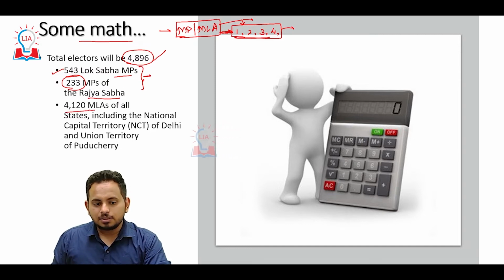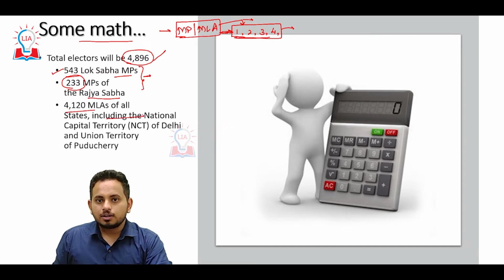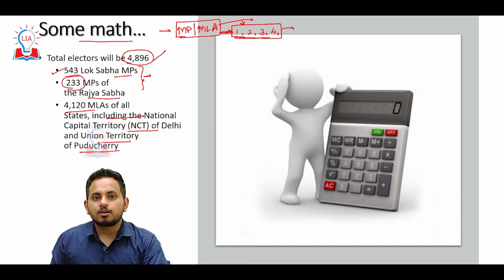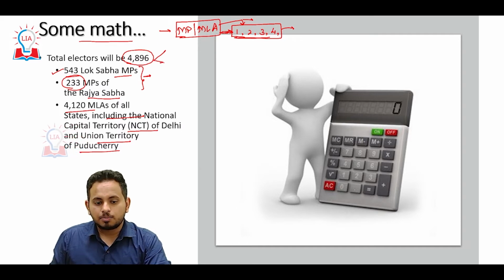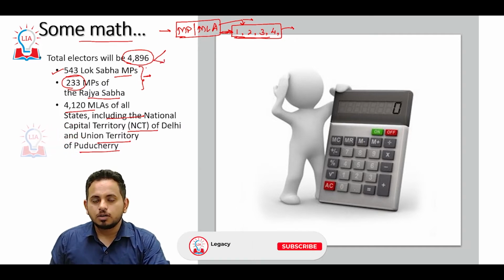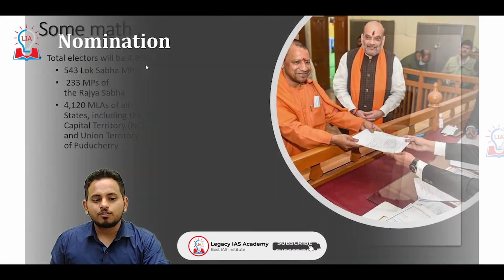And 4,120 MLAs, including the National Capital Territory of Delhi and the Union Territory of Puducherry. So in total there will be 4,896 members or electors present in the electoral college, which will elect the President of India.